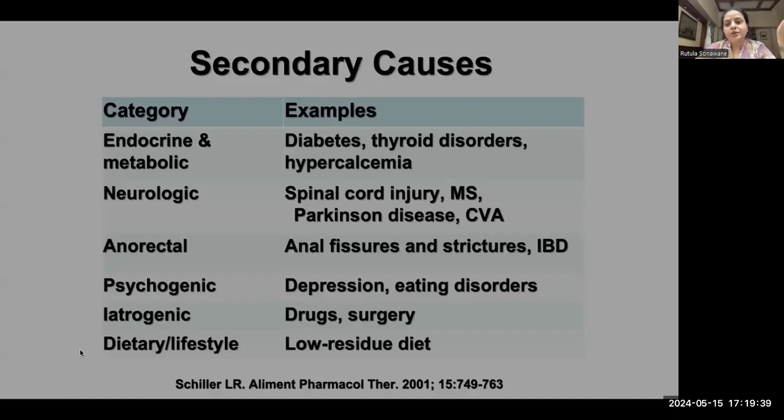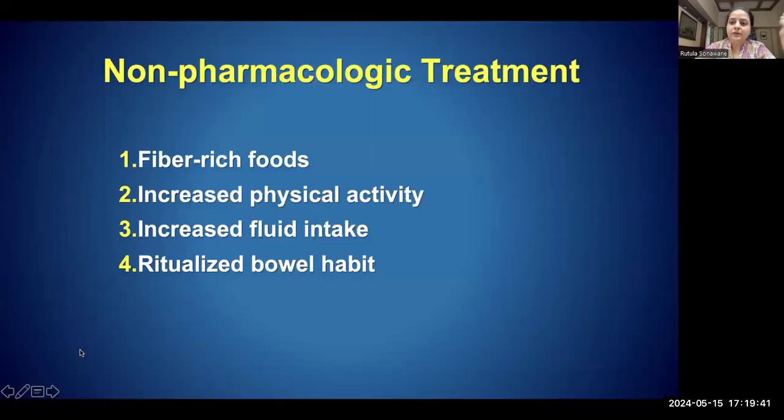Then non-pharmacological measures would be giving a high fiber diet, which increases the bulk, so peristalsis increases automatically. You have good physical activity, which again helps you mobilize your gut and have a very good regime for gut output. Then fluid intake, and you ritualize your bowel habits. So make it a compulsory thing. You go at a particular time every day, and slowly over time it becomes a habit.